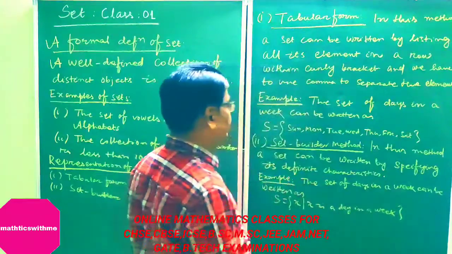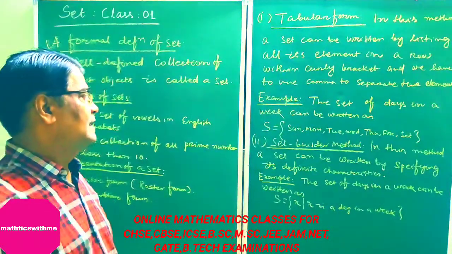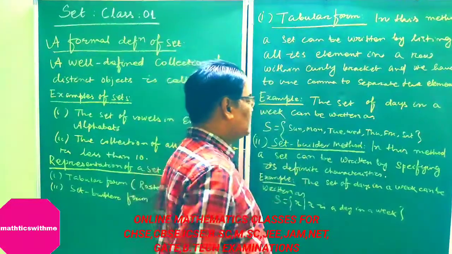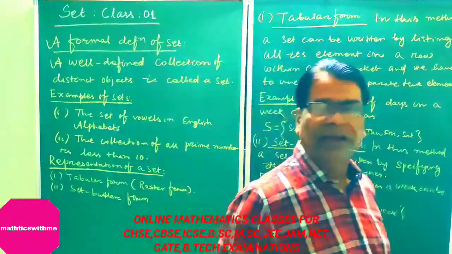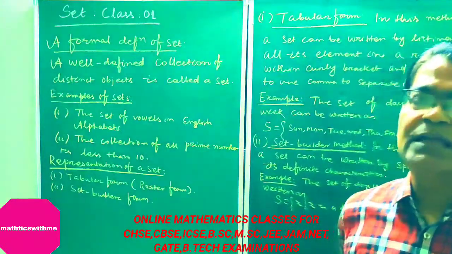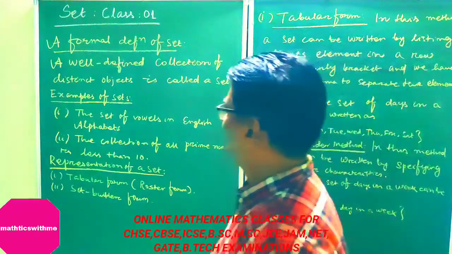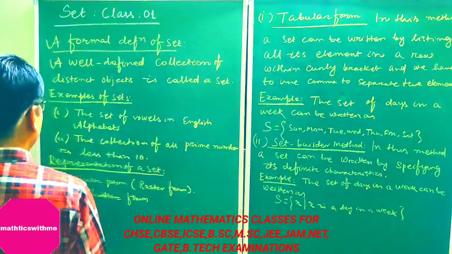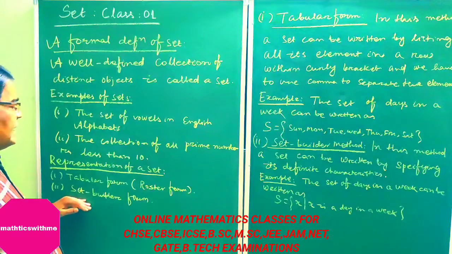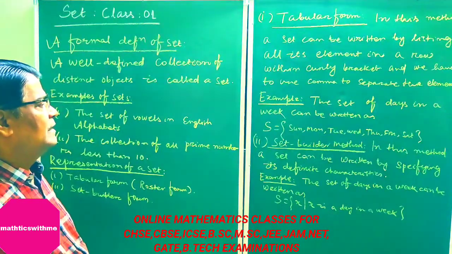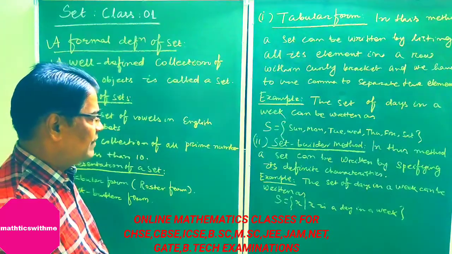So in this way we can describe the set in set builder method or specification method. So there are two ways by which we can describe a set. The first one is roster or tabular method. The second one is set builder or specification method.